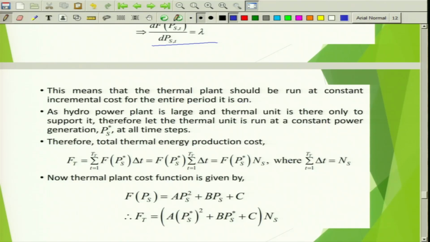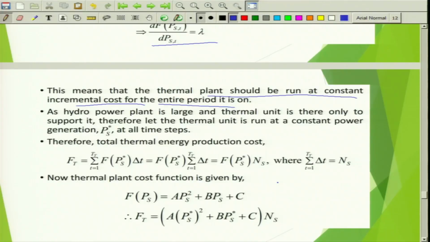This means that the thermal plant should be run at constant incremental cost for the entire period it is on. This is one such consideration, where if hydro is available for all the time of dispatch, then how effectively can you utilize the thermal power plant so that you have minimum operation cost, and we come out with the picture that it should be a constant incremental cost.